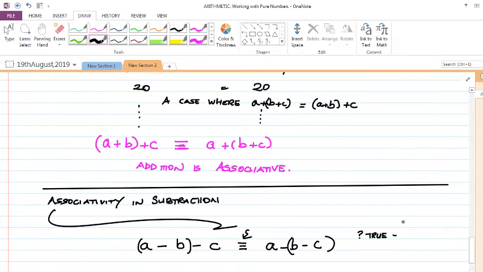True? And that would imply that subtraction is associative.